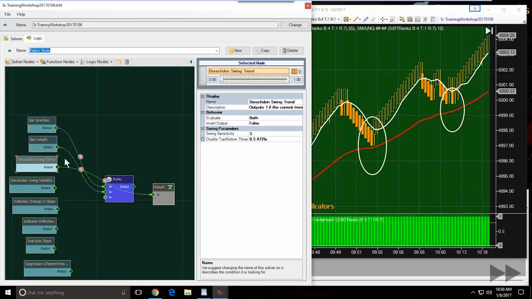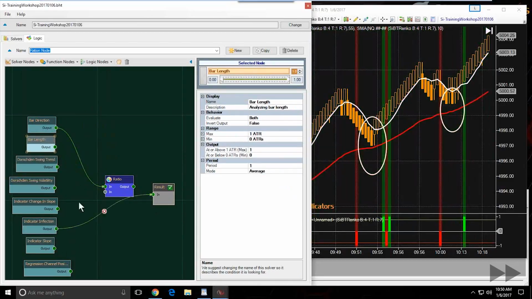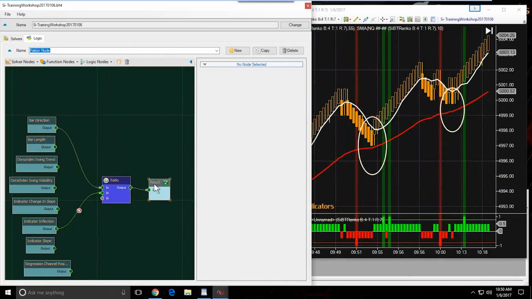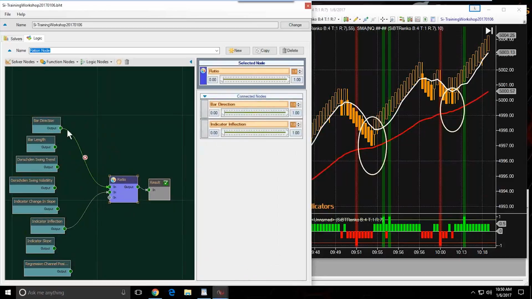Let me get a couple of solvers set up here. Yeah, there we go. All right, so the inflection solver and the bar direction solver, those are going to be easy to understand. So the ratio node takes the number of solvers plugged into it and breaks it into a ratio.